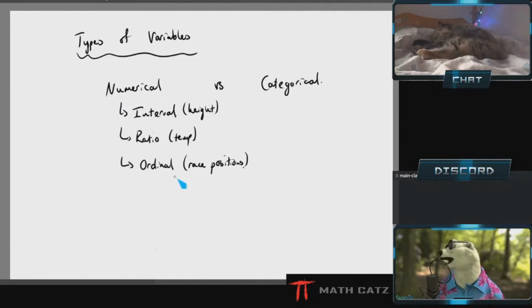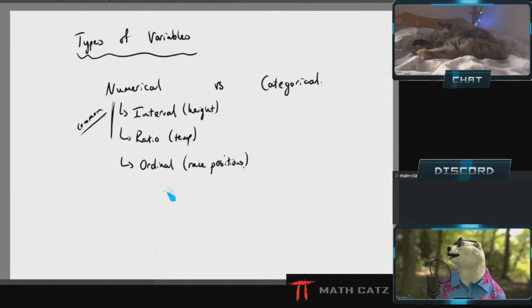But when I measure race positions, I'll always get first, second, third, fourth. I'm never going to miss one of those. Maybe there's a tie, but in general, I'm not going to miss any of the positions. The ordinal variable is not the same as the other two. These are the most common, and we'll spend most of our time with them.